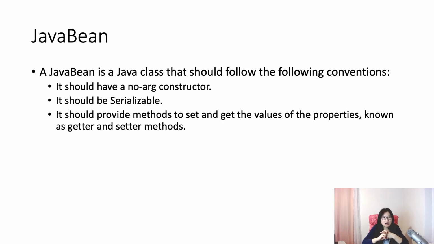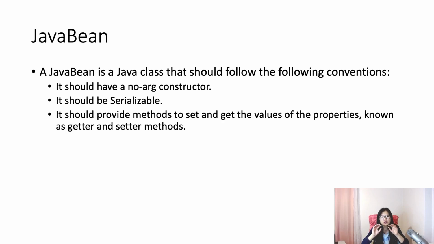Second one, it should be serializable, which means you have to implement the Serializable interface. This Serializable interface is a marker interface, which means there's no abstract method inside this interface.